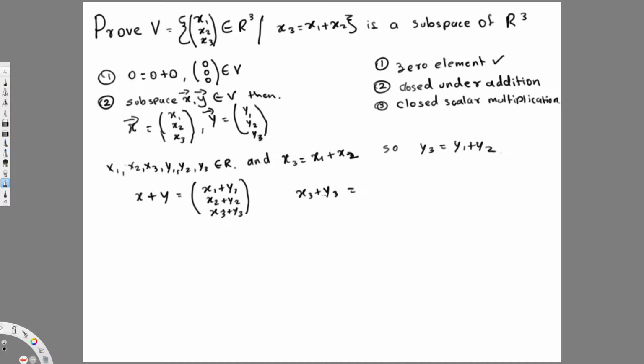So I put those values. x3 plus y3 is equal to x1 plus x2 plus y1 plus y2, and since addition is commutative, I can write it as x1 plus y1 and x2 plus y2. If you see, this is equal to x3 plus y3, which is x1 plus y1, x2 plus y2. So we can say this is closed under addition.